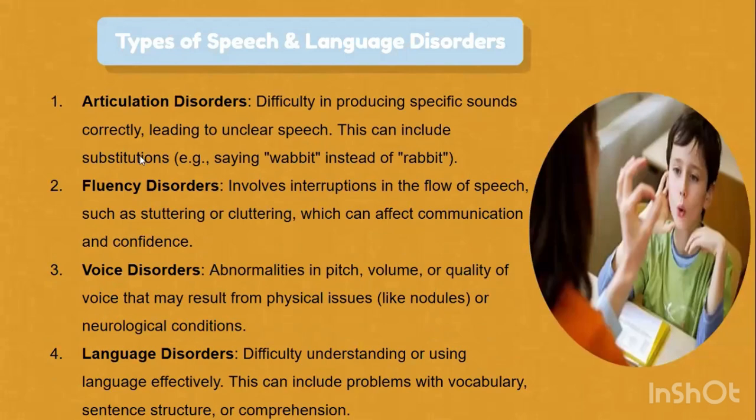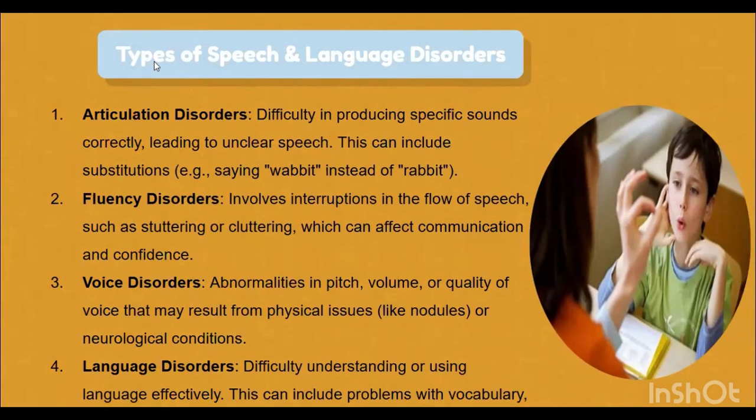Types of speech and language disorders. Articulation disorder. So basically this is when you have difficulty producing specific sounds correctly, leading to unclear speech. This can include substitution of sounds, for example, your pronunciation is off.